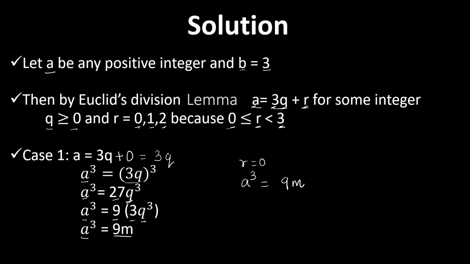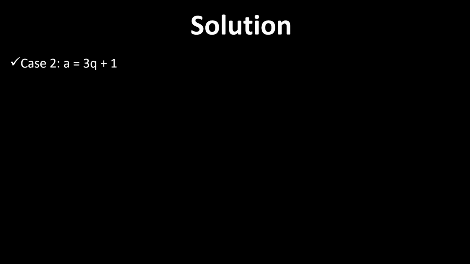Now let's consider the rest two cases where remainder is equal to 1 and remainder is equal to 2. Now in the second case, we are taking remainder equal to 1. So we will be writing a is equal to 3q plus 1. If we take cube on both the sides, it will be a cube is equal to 3q plus 1 whole cube.